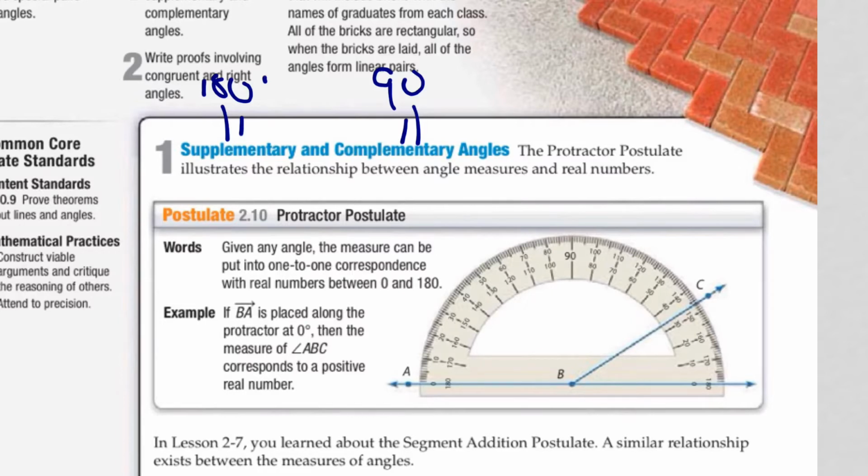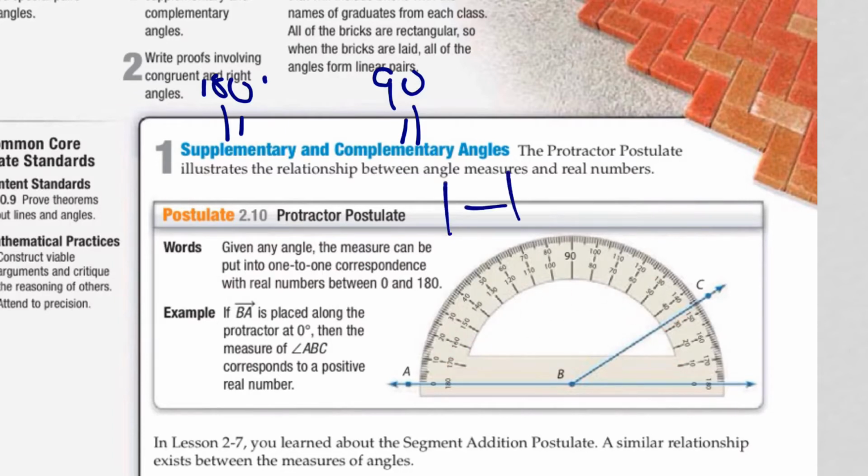Alright? Now, first postulate. The protractor postulate is very similar to the last section of the ruler one. What they're saying is, given any angle, the measure can be put into one-to-one correspondence with real numbers between 0 and 180. What they're trying to say is that if I'm using a protractor, my angle, no matter how I measure it, is always going to be either what?